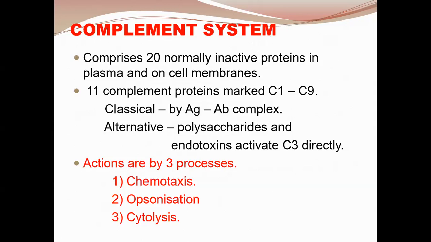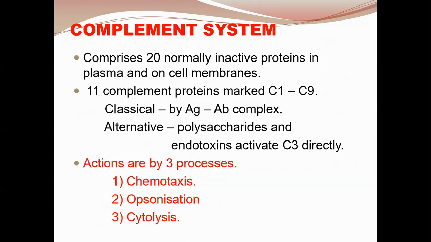Next are the classical complement proteins, which are initiated by the formation of antigen antibody complexes, and alternative complement proteins, which are polysaccharides and endotoxins that activate the C3 pathway directly.